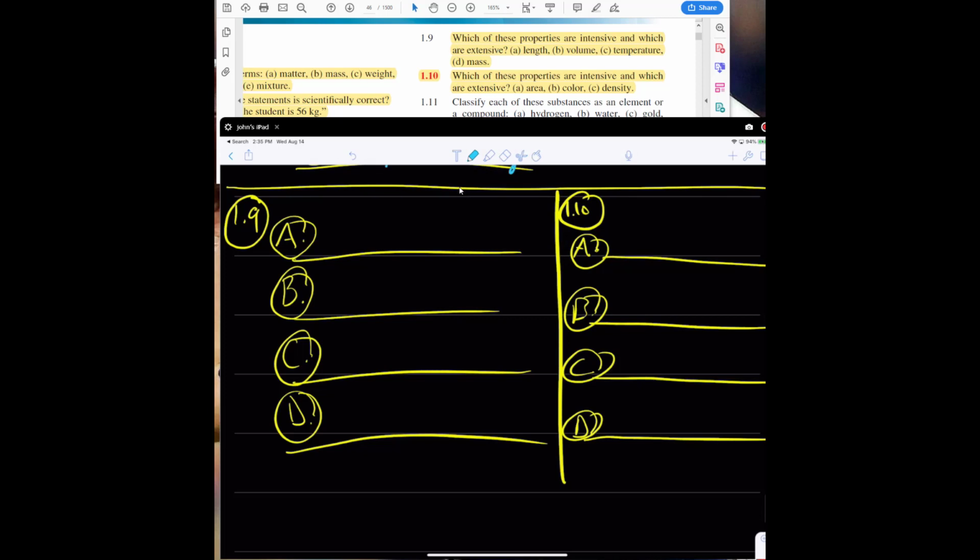Okay, it's asking which of these properties are intensive and which of these properties are extensive. Length, volume, temperature, and mass. Okay, length, is that intensive or extensive? We know that it's a measurable property, and we can ask ourselves then, does it matter how much matter is being considered?